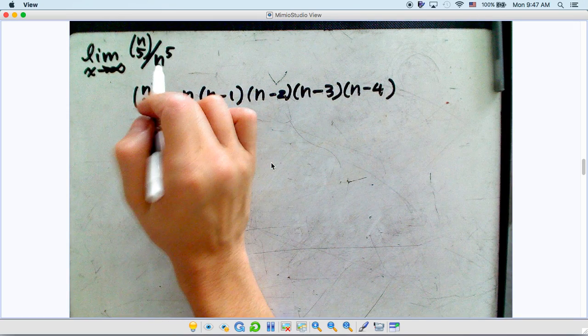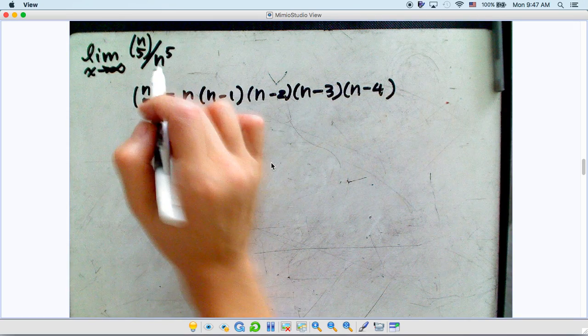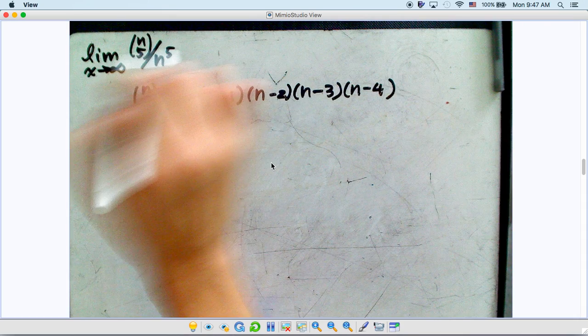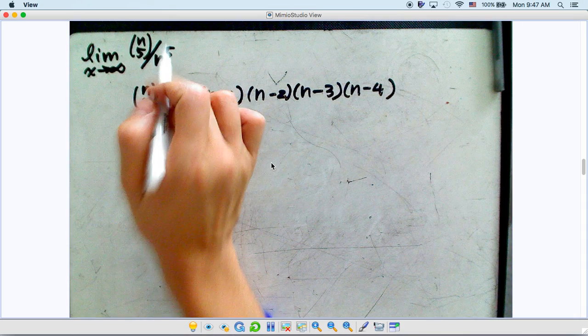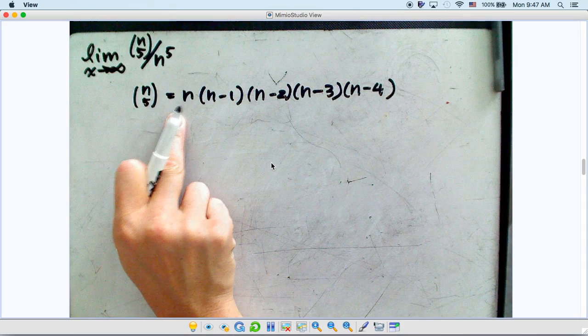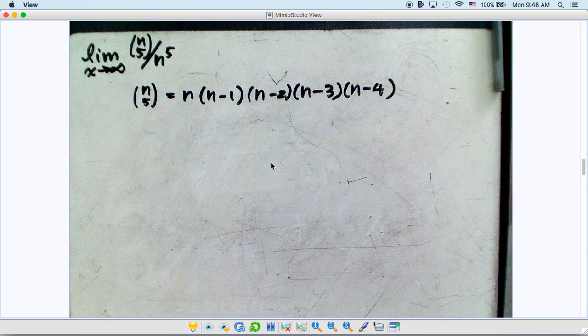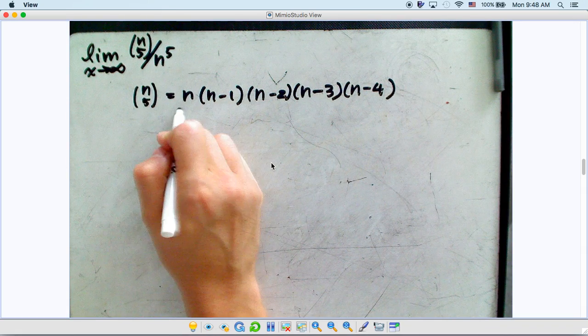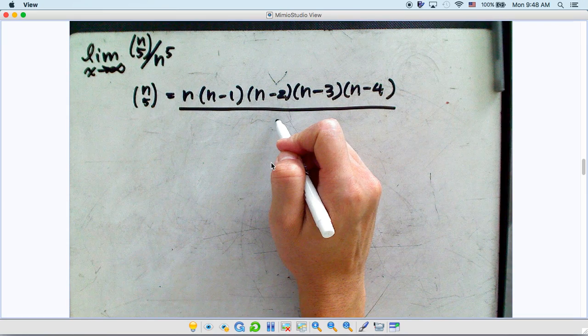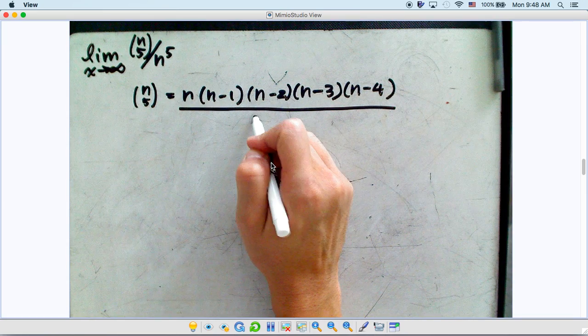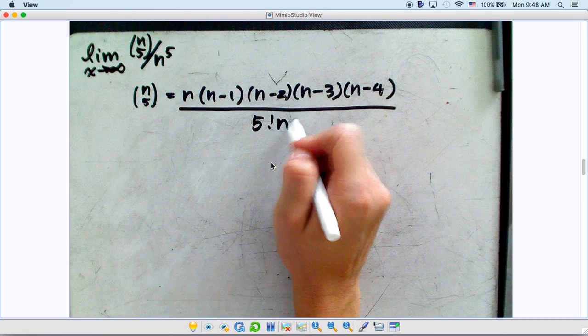So this limit of n choose 5 over n to the 5th power is n times n minus 1, all the way up to n minus 4, all over 5 factorial times n to the 5th power.